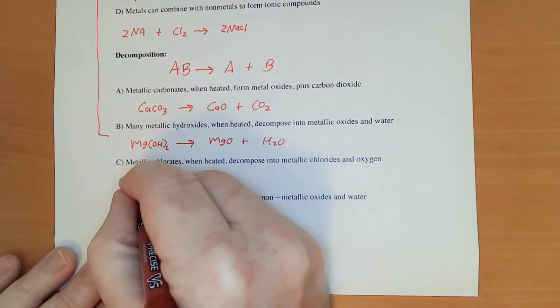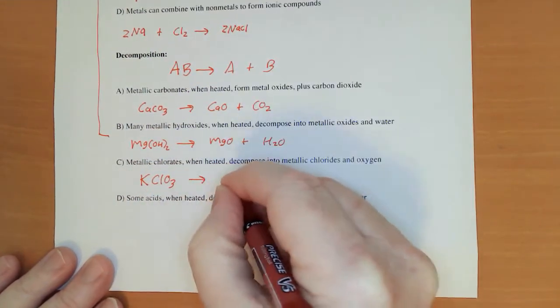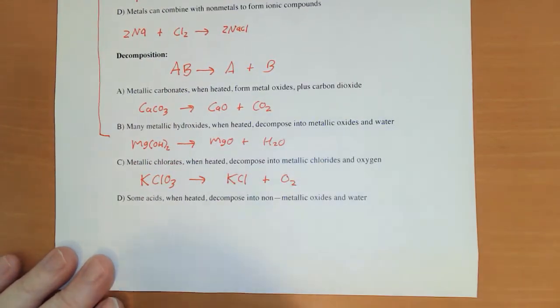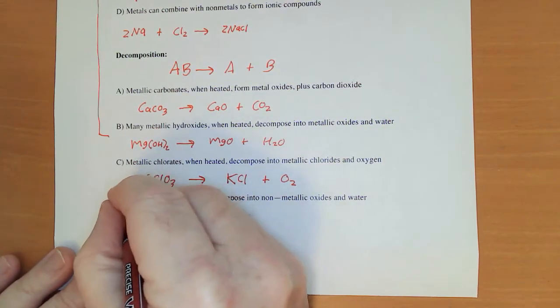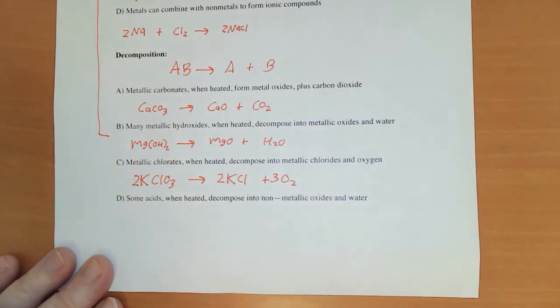Metallic chlorates like KClO3 can break down to form KCl and O2. We put a 2 there, a 2 there, and a 3 there.